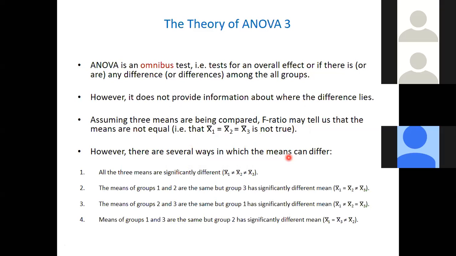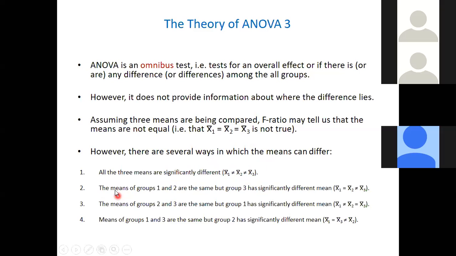Look at the first one. Mean 1 is not equal to mean 2, is not equal to mean 3. There's a difference across. The one that says equal to is the one with no difference, but this one that says not equal shows that there are differences everywhere.